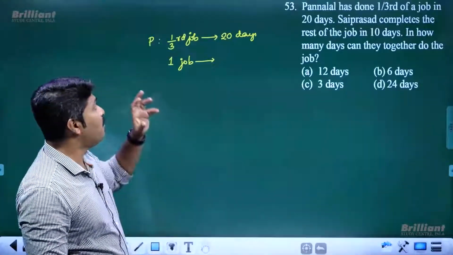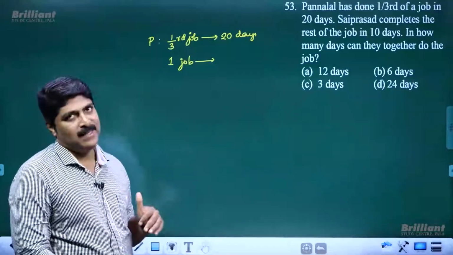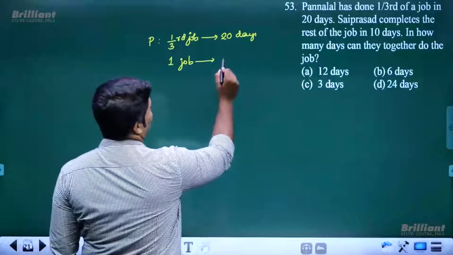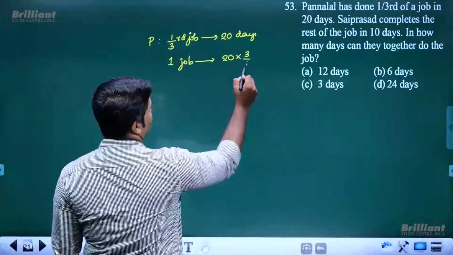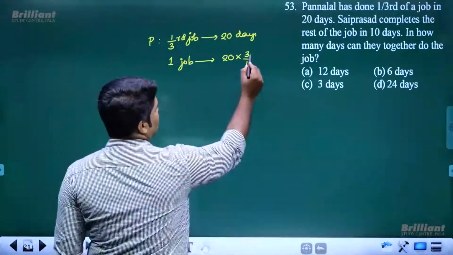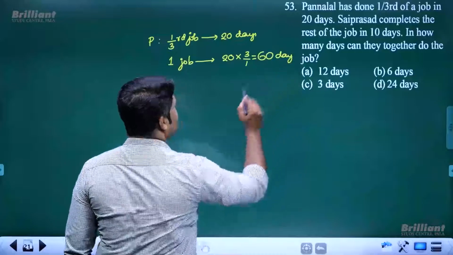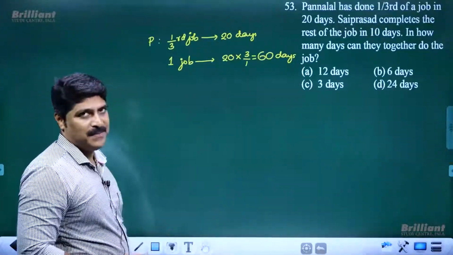For the completion of 1/3 of a job, if a worker requires 20 days, then for the entire job, how many days does he require? That's very simple. This is 20 into its reciprocal, 3/1, that is equal to 60 days. That means Panalal required 60 days to complete the total work.